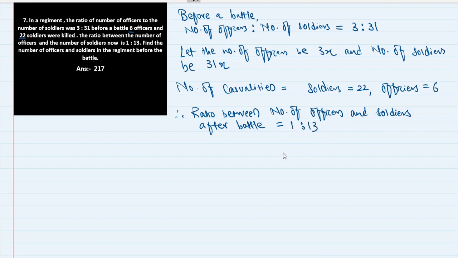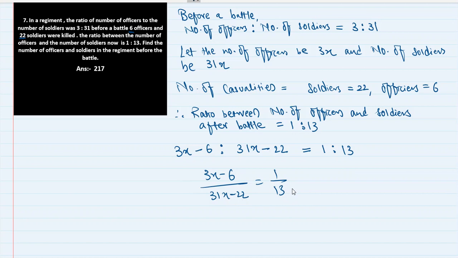Okay, so we know that number of officers and number of soldiers were 3x and 31x respectively before the battle, and 6 officers and 22 soldiers happened to lose their life in the battle. So basically it becomes 3x minus 6 is to 31x minus 22 is equal to 1 is to 13. So 3x minus 6 upon 31x minus 22 is equal to 1 upon 13.